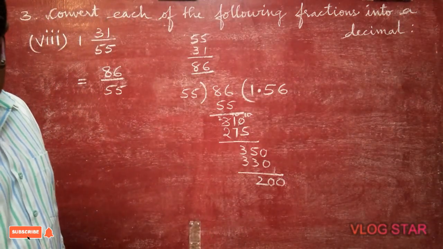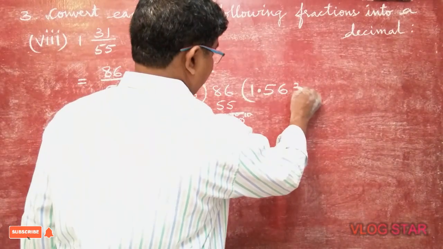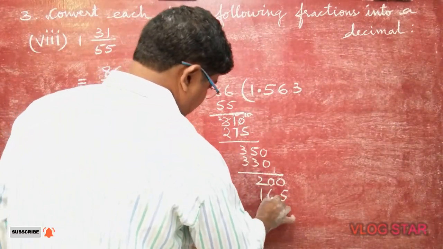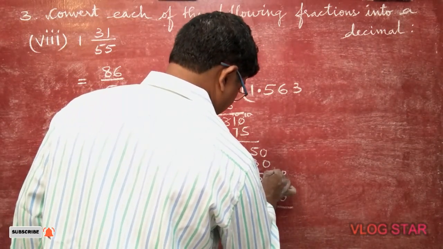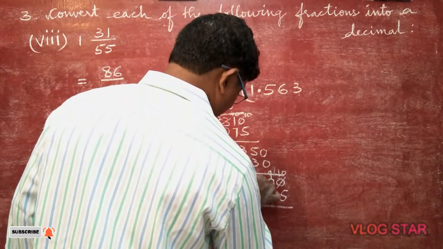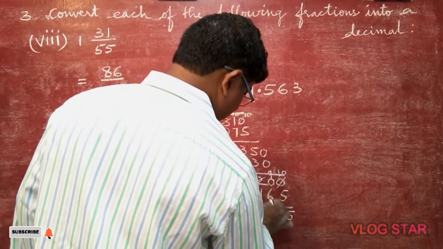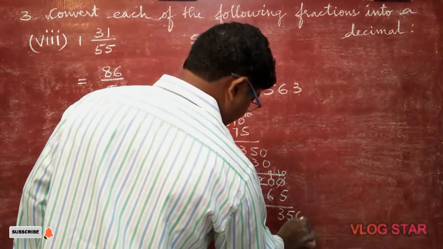Now how many times does it go? 3 times. 55 threes: 15, 1. 15 plus 1, 16. Here 9. Here 10. 10 minus 5 is, here 1 will be there. 5. 9 minus 6 is 3. Decimal is there, put 0.